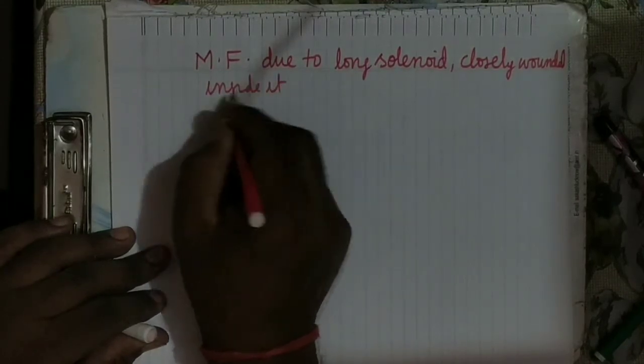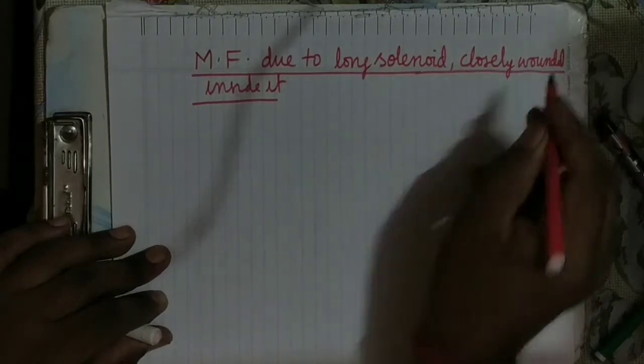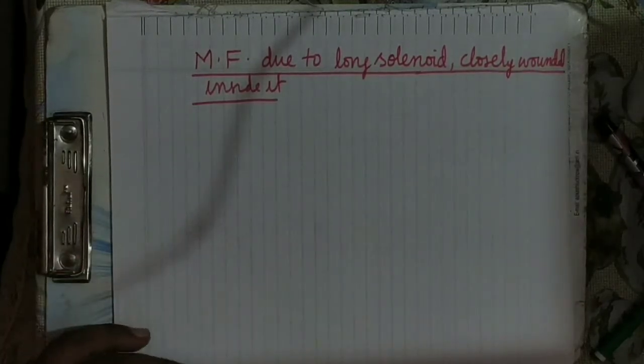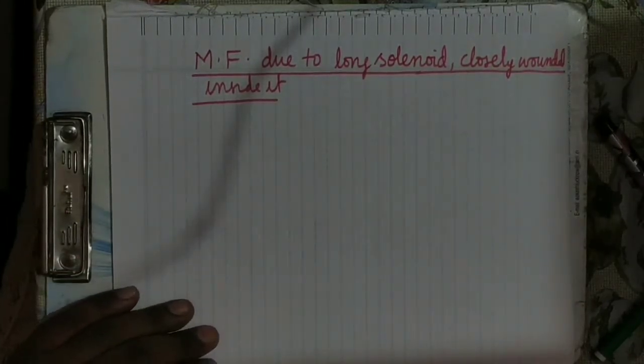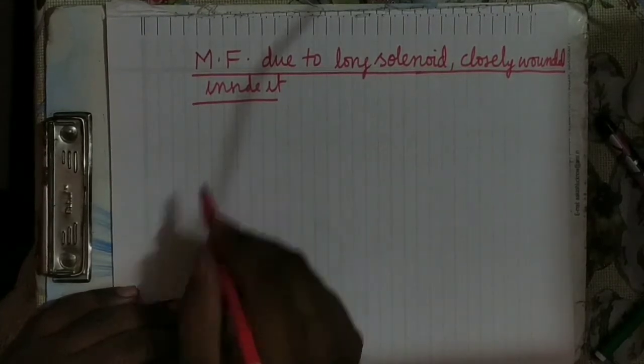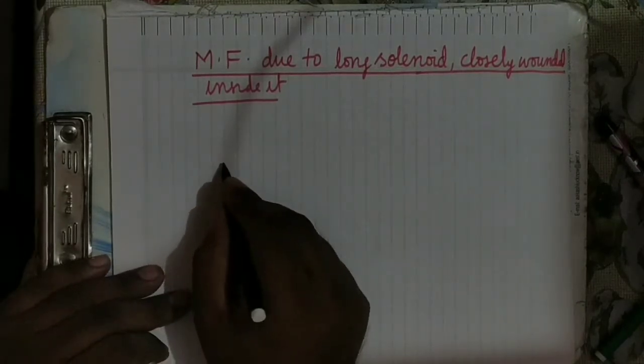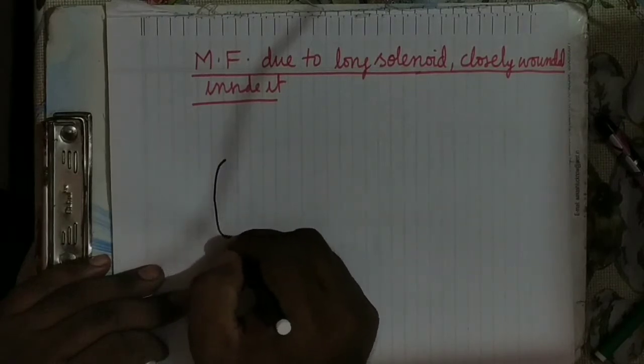About the pattern, I have already told what the pattern of the magnetic field inside a closely wound long solenoid will be. So here I am making the diagram once again. Here this is a long solenoid, and this time I will not show you the turns.